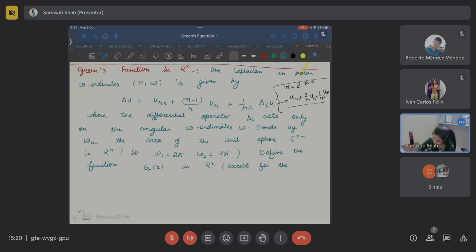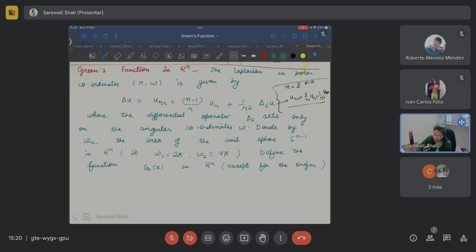But let's go on, except for the origin. When we define the green function, the green function has a singularity. Most of the time it is going to have the singularity at the center of the circle.